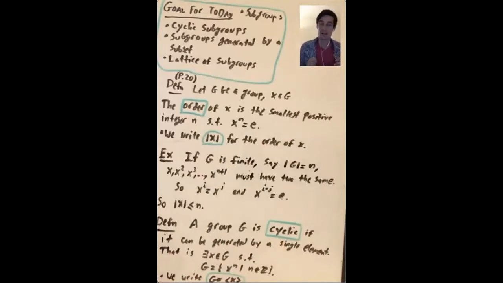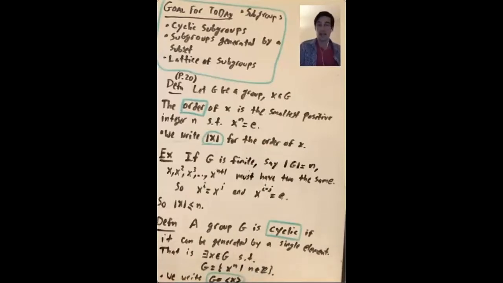I want to give one more key definition right now. A group is called cyclic if it can be generated by a single element. That is, if there's a special element x in your group such that G is equal to the set of all things that can be written as x to the n, where n varies over all integers.